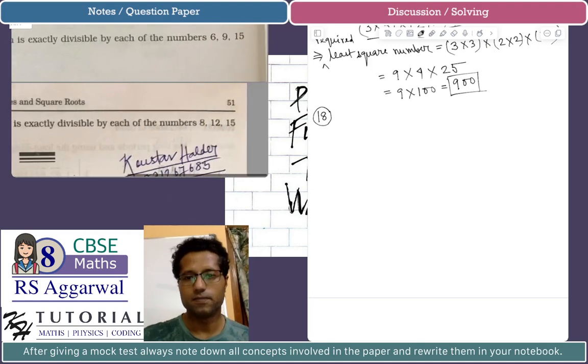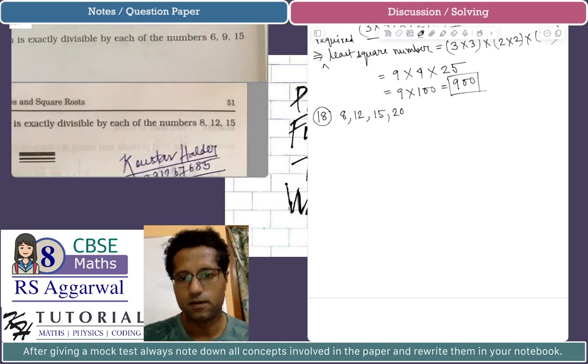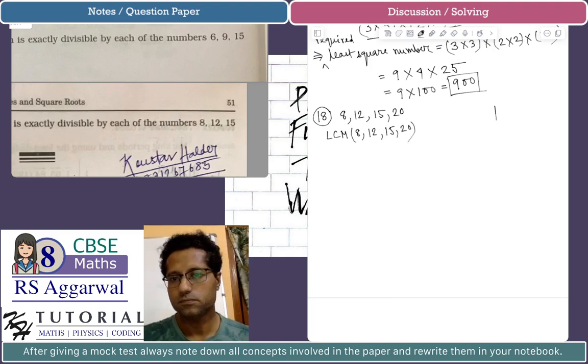Okay, so this time the numbers are 8, 12, 15 and 20. So let's find what is the LCM of the given numbers. The given numbers are 8, 12, 15 and 20. So let's find the LCM of 8, 12, 15 and 20.